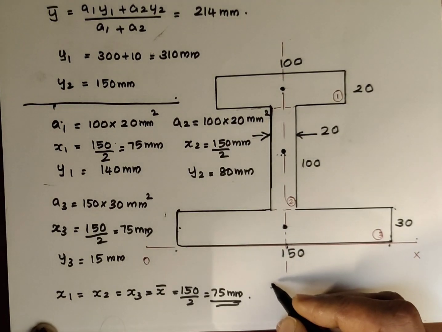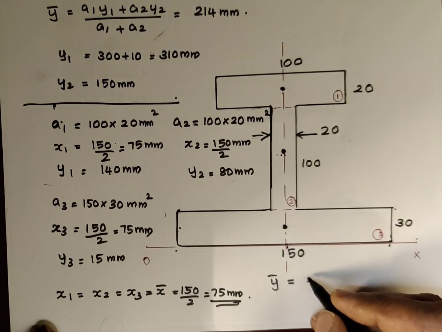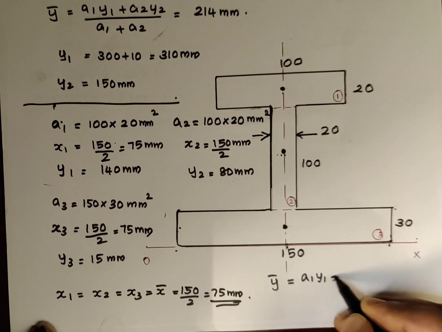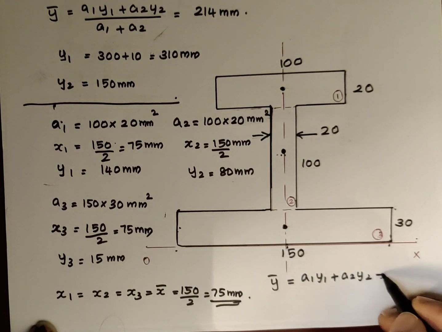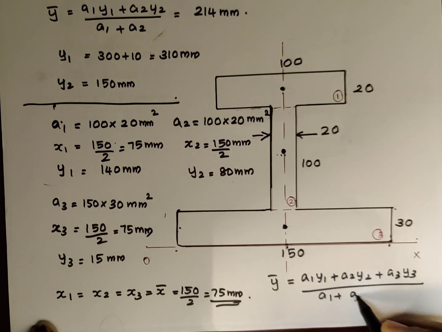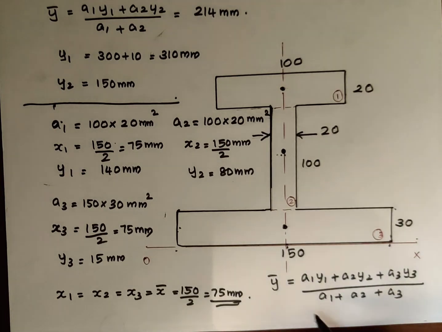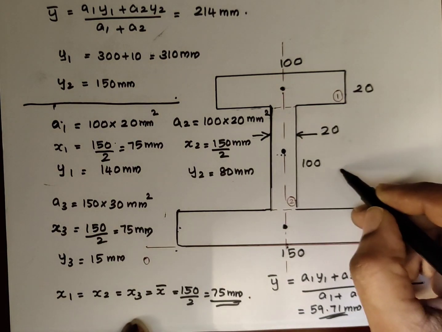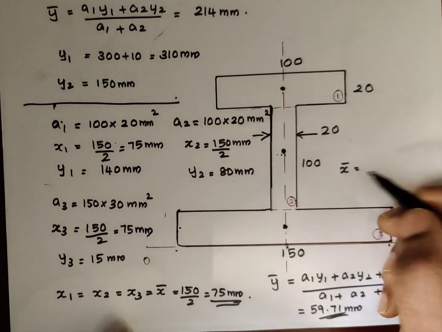So now you can apply the equation y bar is equal to a1 y1 plus a2 y2 plus a3 y3 divided by a1 plus a2 plus a3, that is equal to 59.71 millimeter. So here also you have to write the equation for x bar. You don't have to do the calculation.